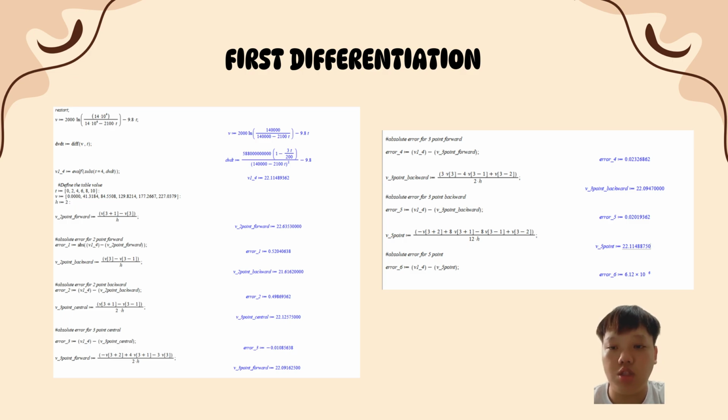The 3-point forward is equal to 22.0916, and the error is equal to 0.02327. For the 3-point backward, the value is equal to 22.0947, and the absolute error is 0.02019. The 5-point value is equal to 22.114x, and the error is equal to 6.12 times 10 to the power of negative 6.